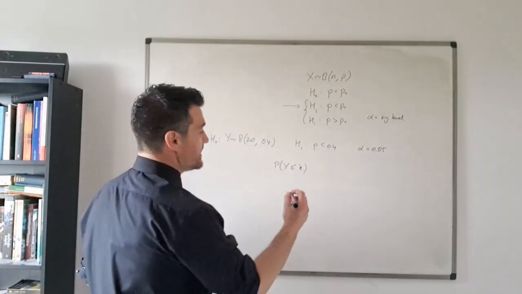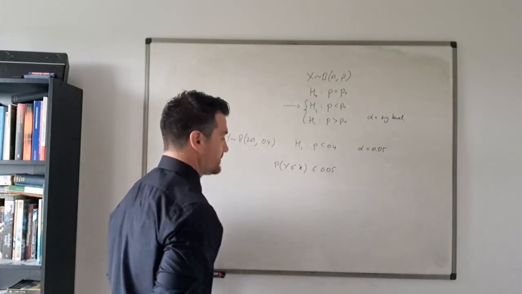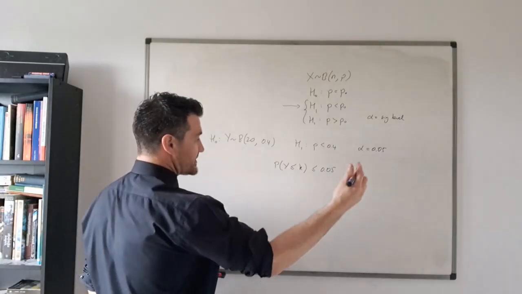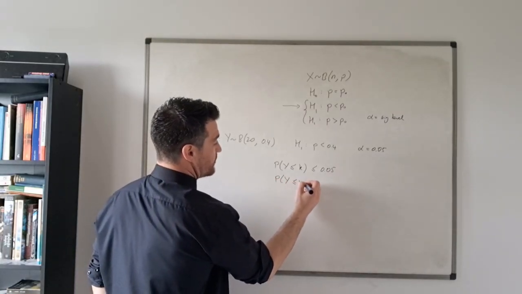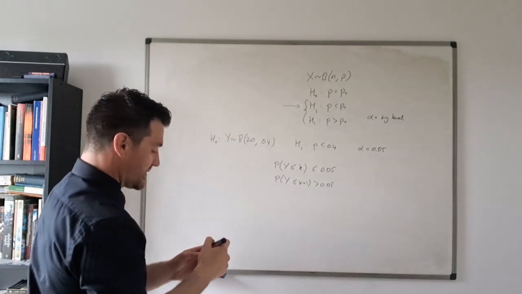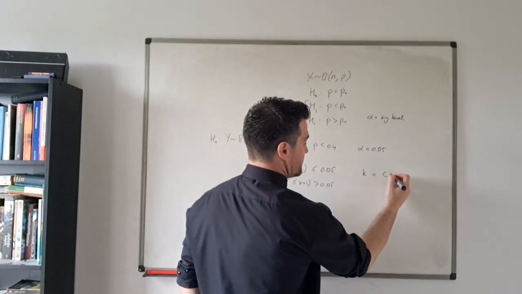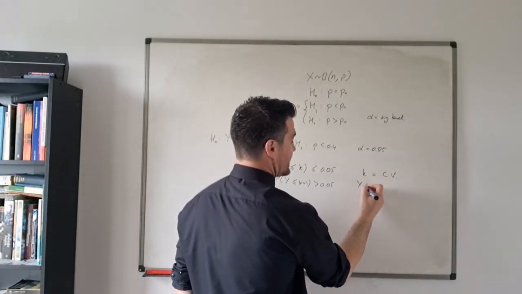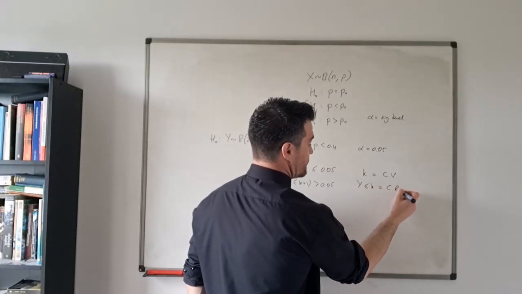What's too small? Less than or equal to alpha, which is 0.05. But if I go to the next outcome along, k plus 1, if this is greater than 0.05, that's my critical value. Okay, k is my critical value. And therefore, Y is less than or equal to k is the critical region.